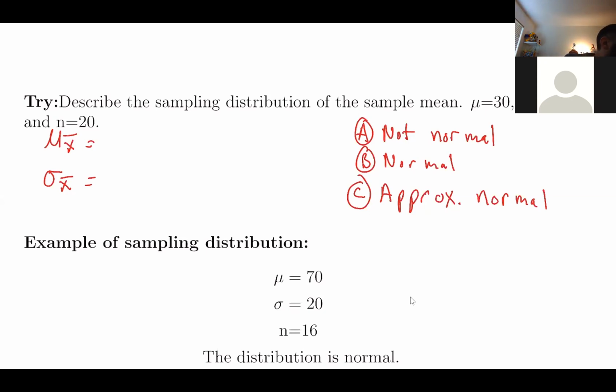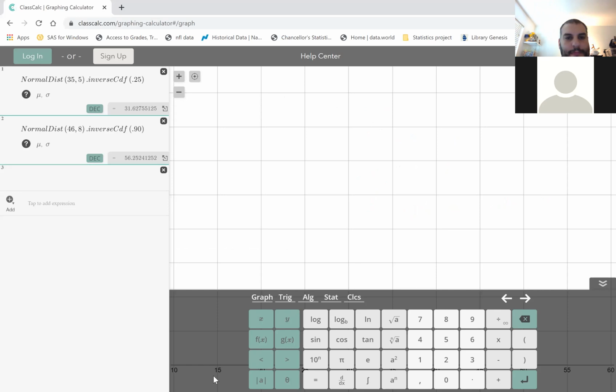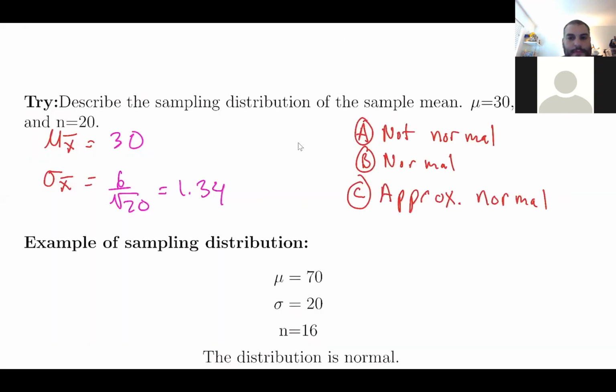Let's see what that gave me. 1.34. All right, so you get 1.34.